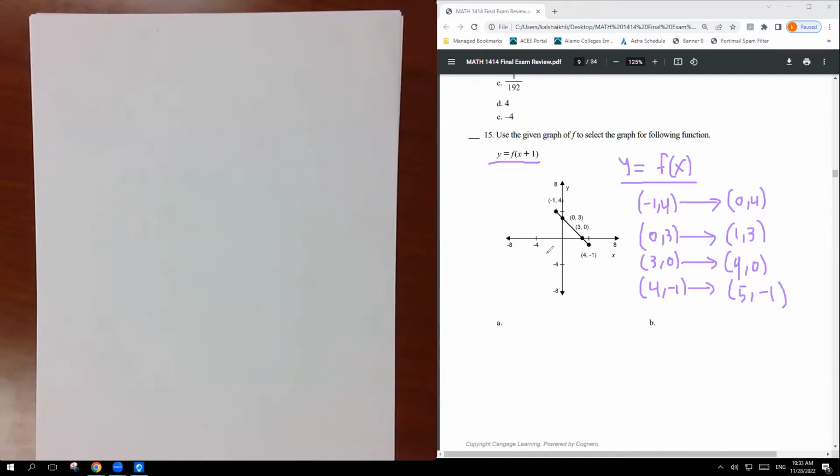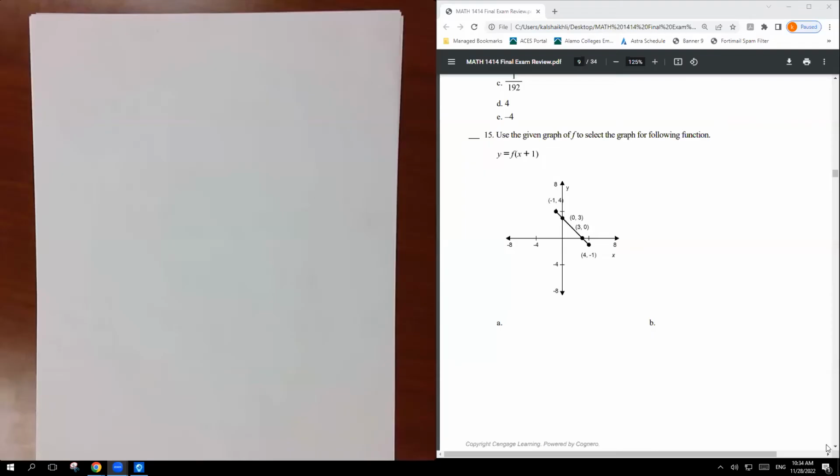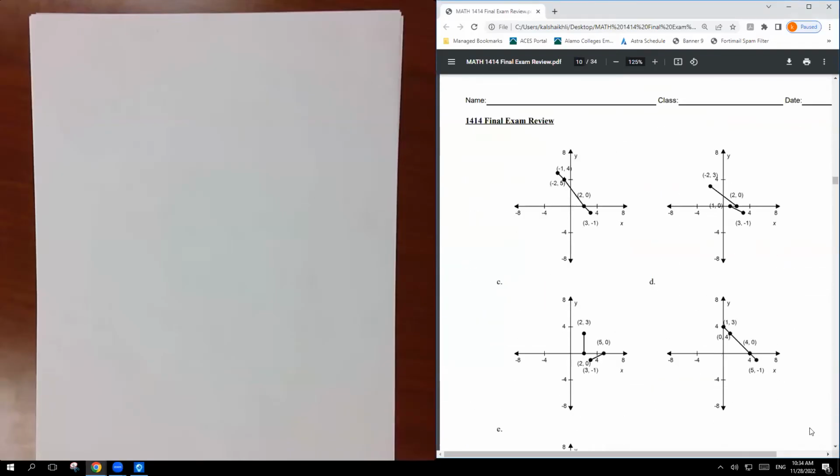So let's check now which one is going to be the right option. Let's go to the options, and you will see this option here. We have the point where x is added 1.